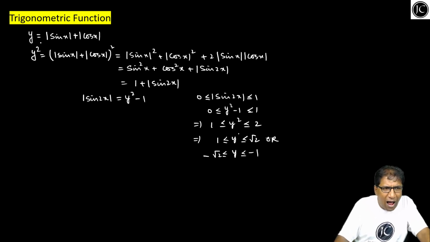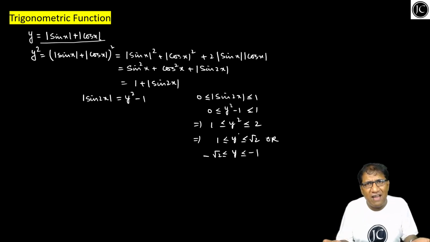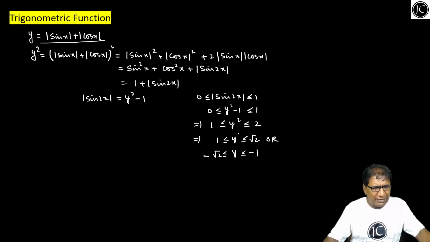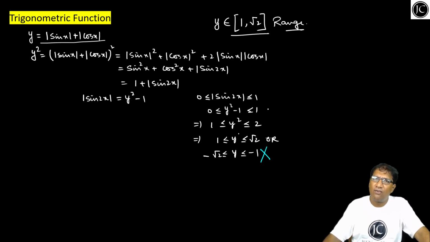But you see, y is modulus of sin x plus modulus of cos x. दोनों ही तो पॉजिटिव है, तो y कभी नेगेटिव होगा नहीं. मतलब ये वैल्यू हम लोग रिजेक्ट कर देंगे. Is it clear? This value I will reject and we will say that your y belongs to closed 1 to closed root 2. And that is the range. That is the range for this function. Is it clear to all of you?